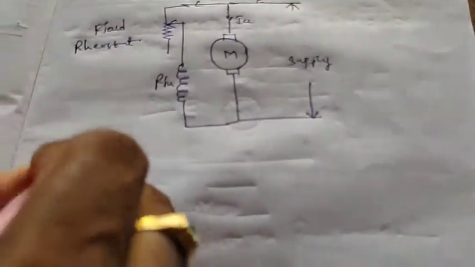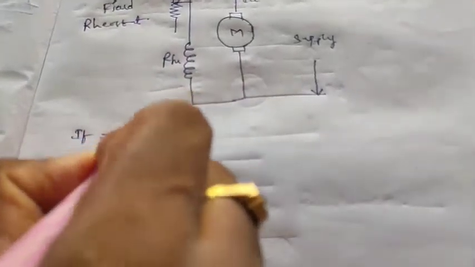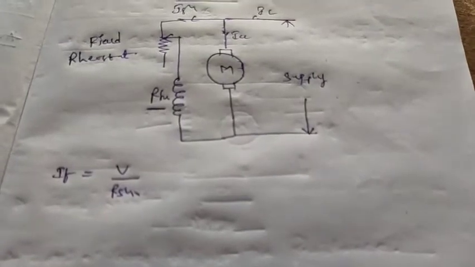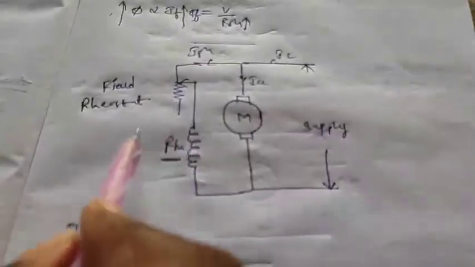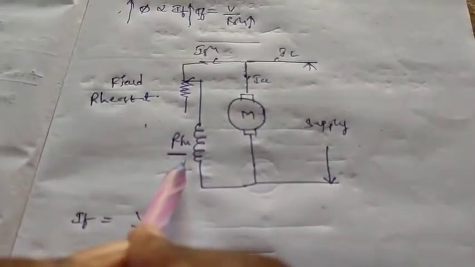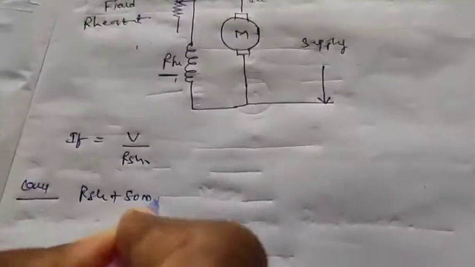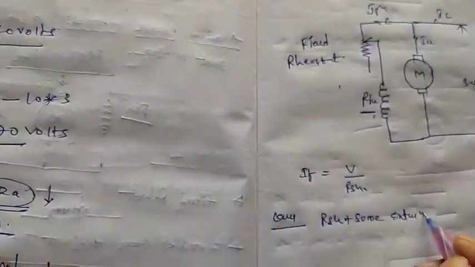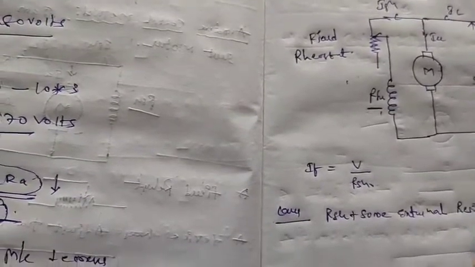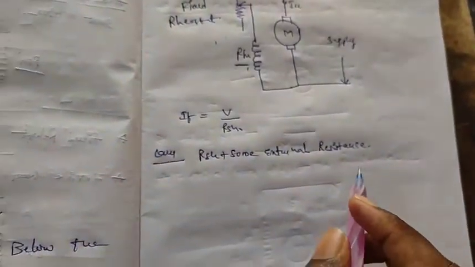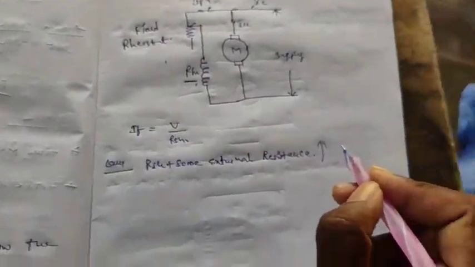So what is the formula for IF? V by RSH. The value of RSH is fixed. If you connect the rheostat in series with RSH, the value increases. So case 1: RSH plus some external resistance, this value increases.